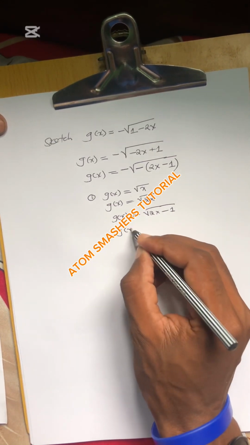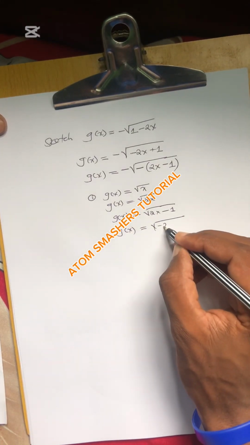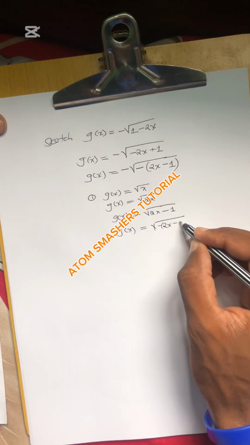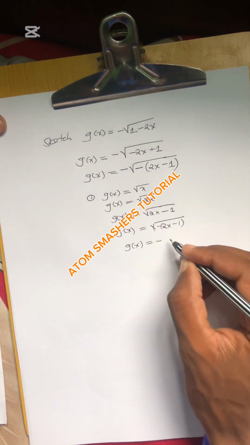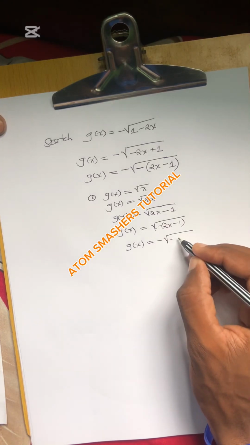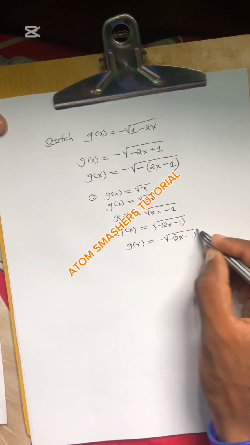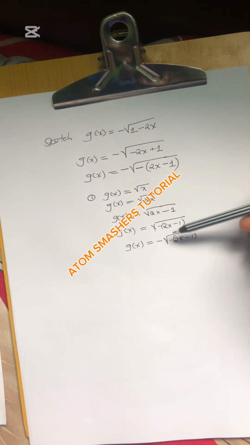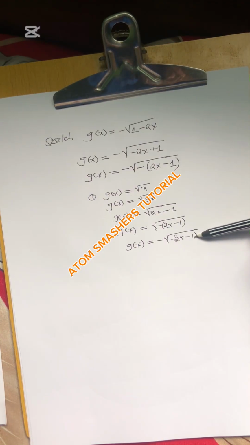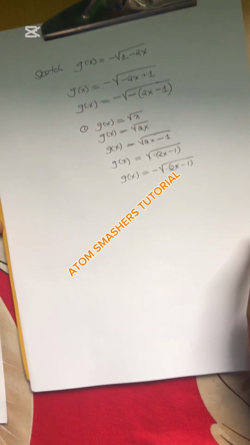Then g of x, which will be equal to the root of minus 2x minus 1, like that. Then the g of x, which is equal to minus the root of minus 2x minus 1, like that. So I have to plot 1, 2, 3, 4, 5 to arrive at the final graph. All right.